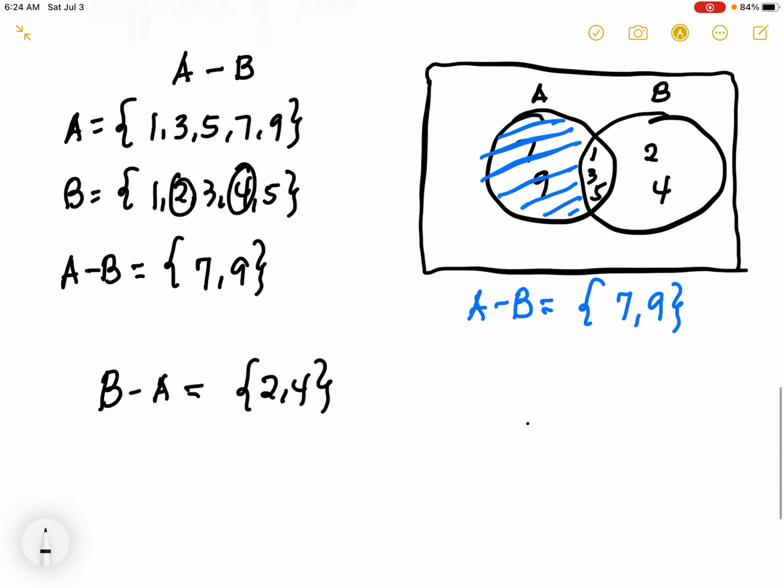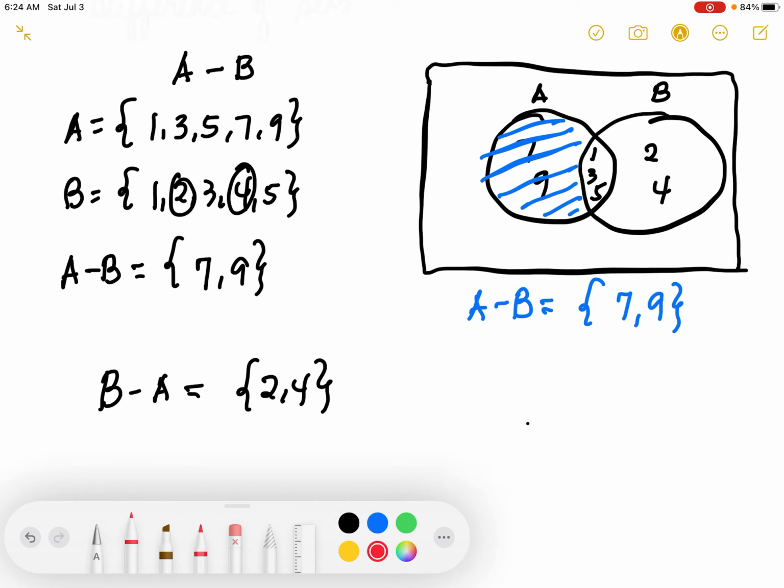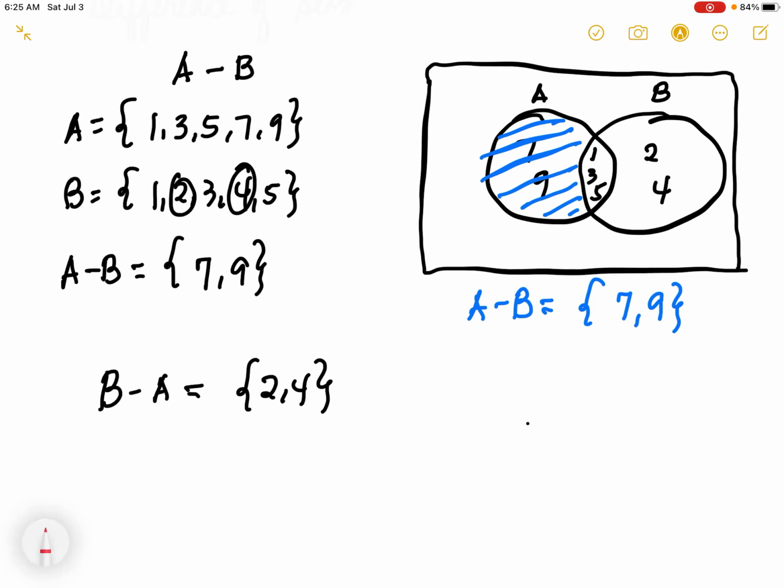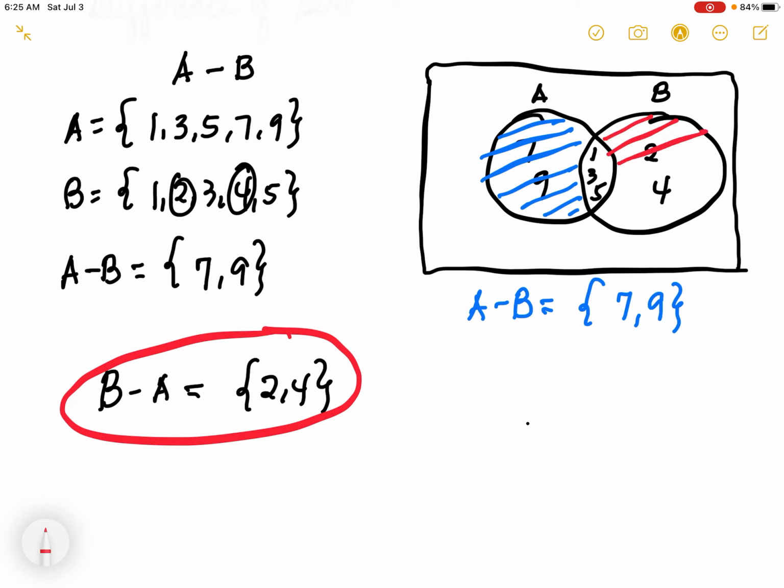I will be using the same Venn diagram, but I will be using another color for B minus A. For B minus A, that is this one. The red color is our B minus A.